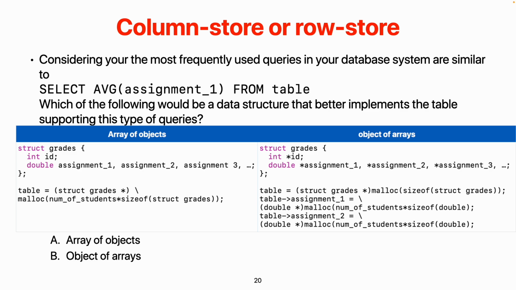And so we said, since we're trying to calculate the average of one assignment, it's better to access one assignment within a block. So we have to organize this better, right?